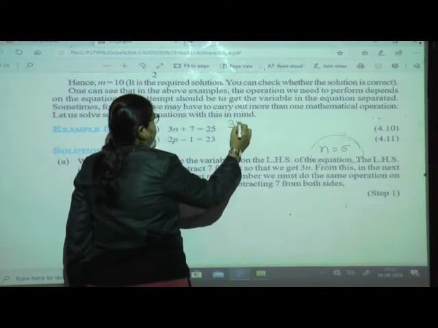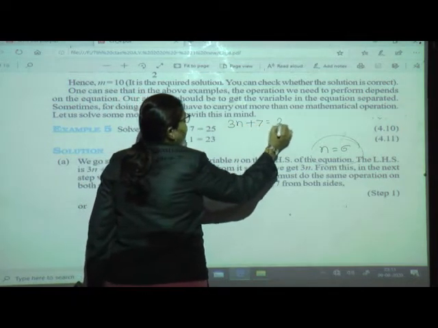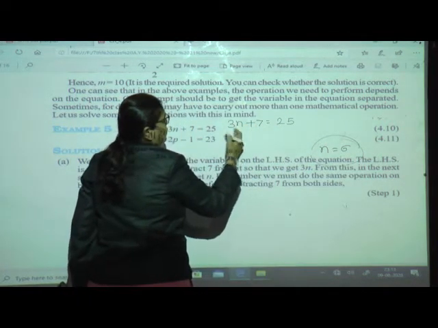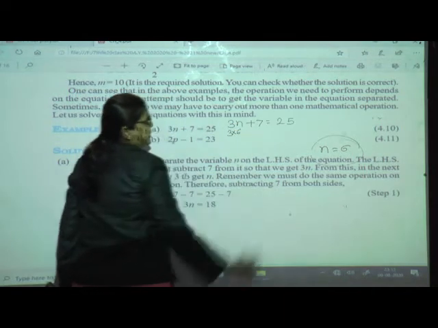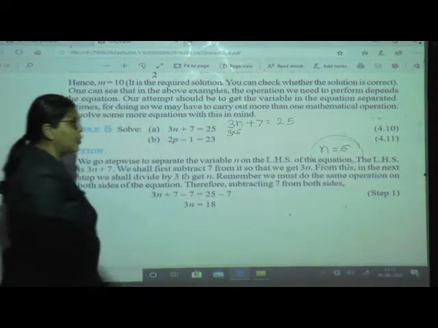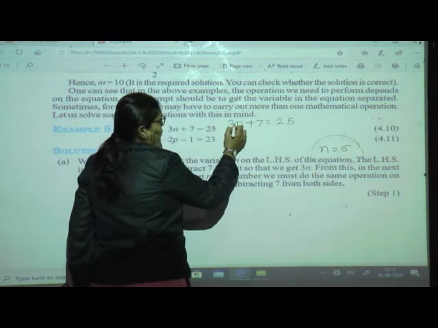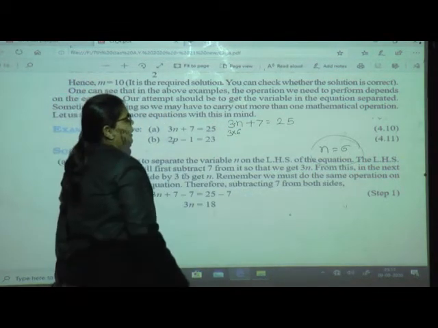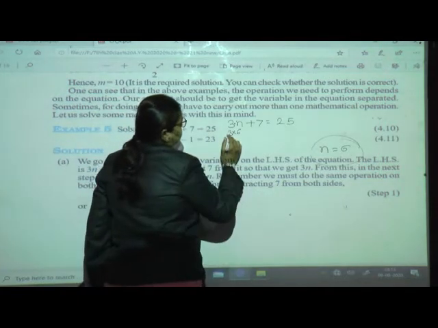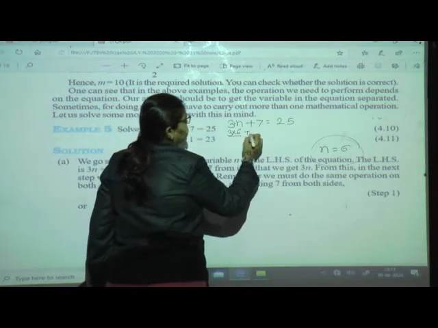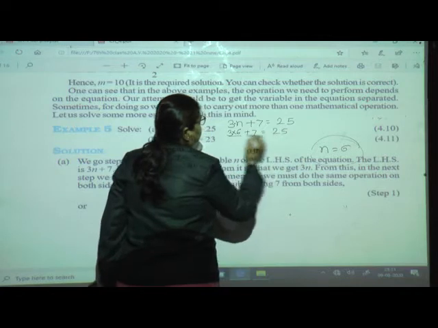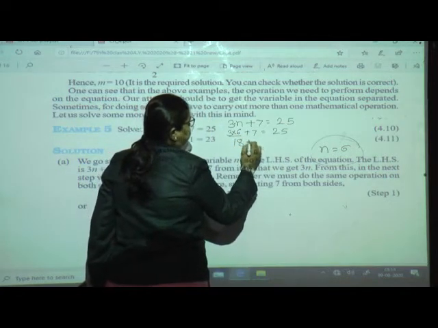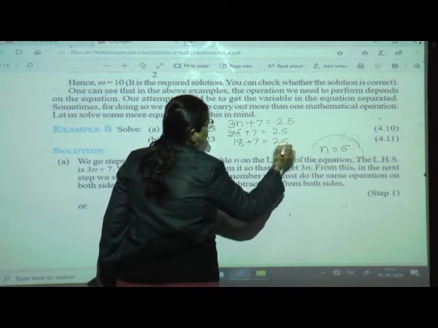What is our equation? 3n plus 7 is equal to 25. Here it is 3 multiplied by 6, because you already know that if there is a variable and a number, there is a multiplication sign. So this is 3 times 6 plus 7 is equal to 25. 6 3s are 18 plus 7 is equal to 25.